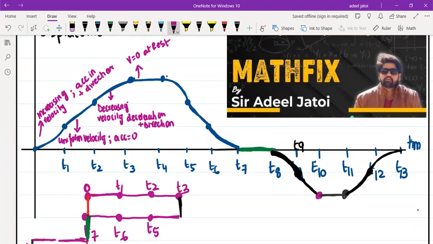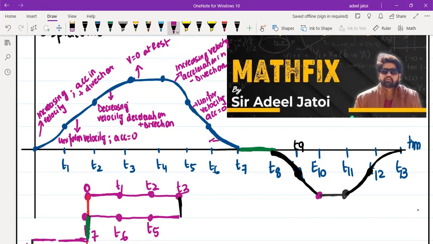T4 to T5 is basically increasing velocity. Acceleration in negative direction. Uniform velocity. So since this is uniform velocity, acceleration is 0.